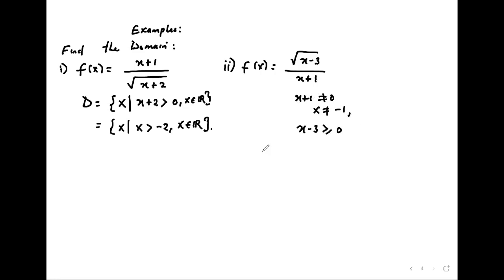Now that is in the numerator, we can put the greater or equal to. This is telling us that x must be greater or equal to 3. So the domain is simply x such that x is greater or equal to 3 and x is not equal to -1, but x is a real number. It's the set of real numbers.